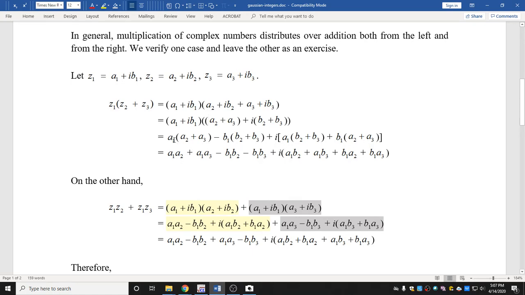Now, distributing each of the multiplications over additions, so a1 a2 plus a1 a3, and also minus b1 b2 minus b1 b3. Similarly, in the parentheses, you get a1 b2 plus a1 b3 plus b1 a2 plus b1 a3.